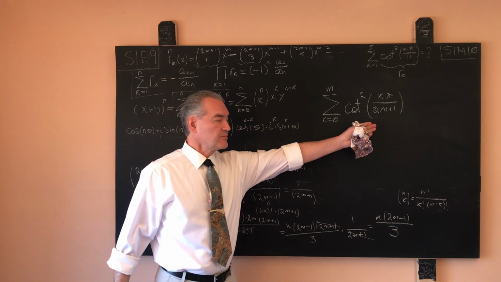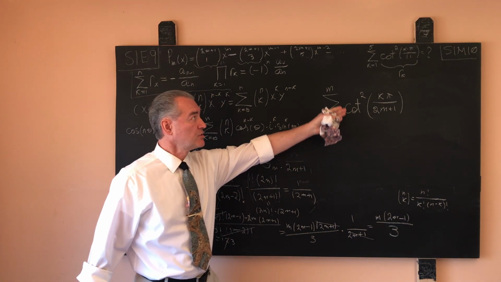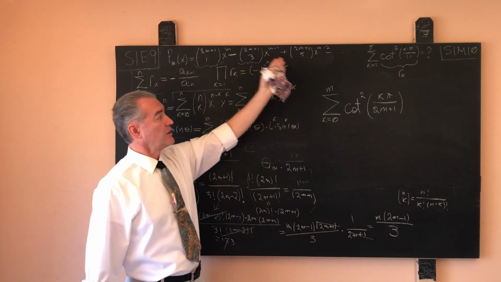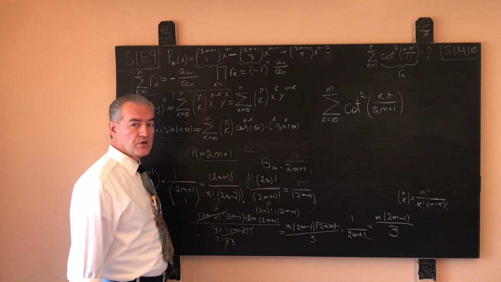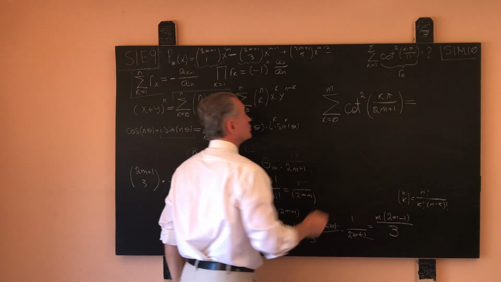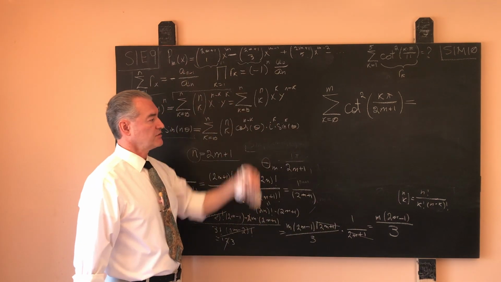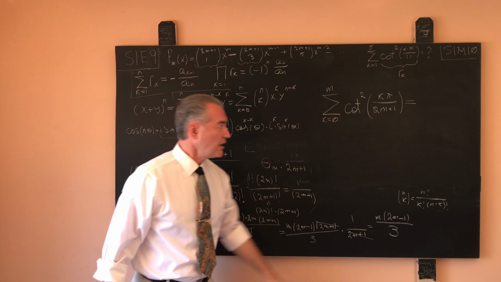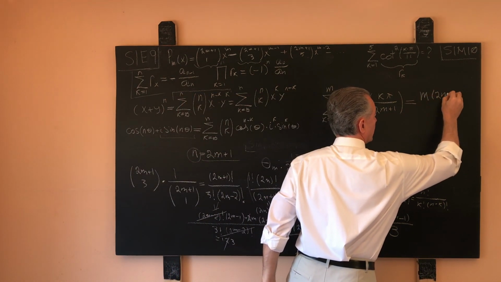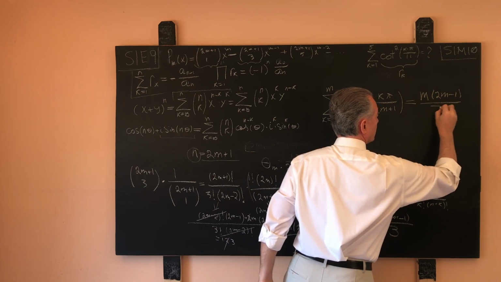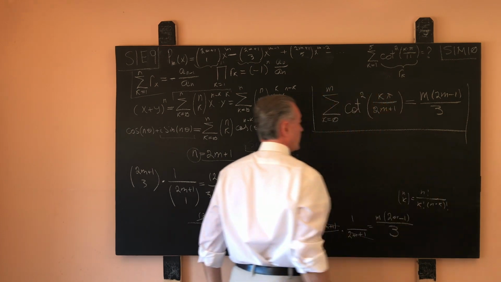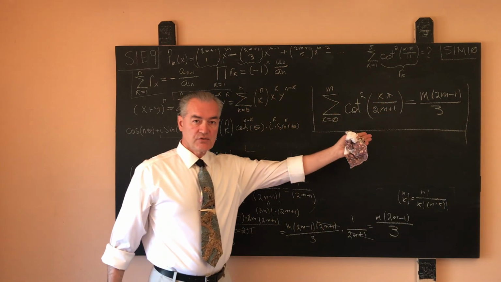This is pretty much a way to spell out not the specific numbers, but the general numbers that we are working with. The sum of roots of this polynomial is equal to m times 2m minus 1 over 3, and this is a general result.